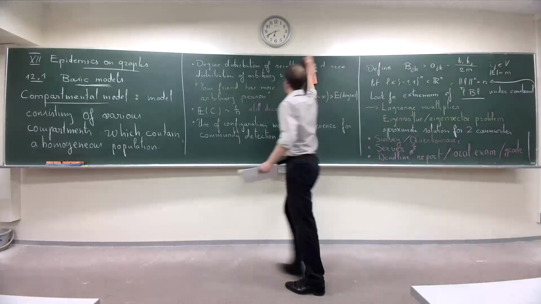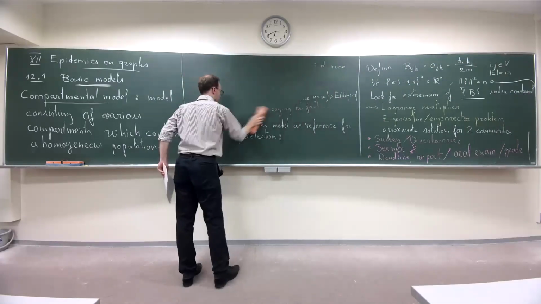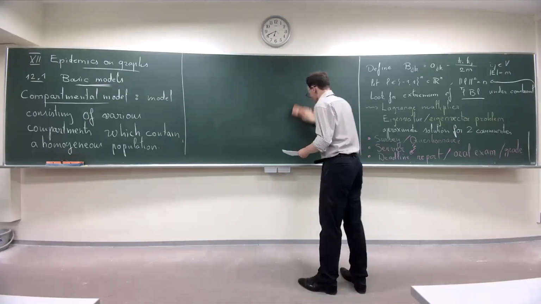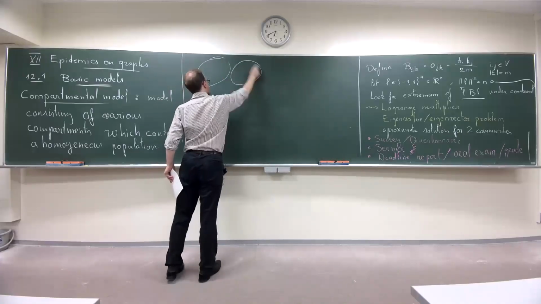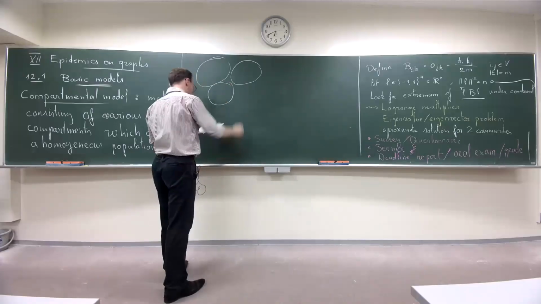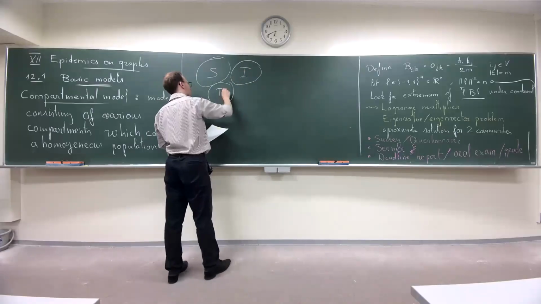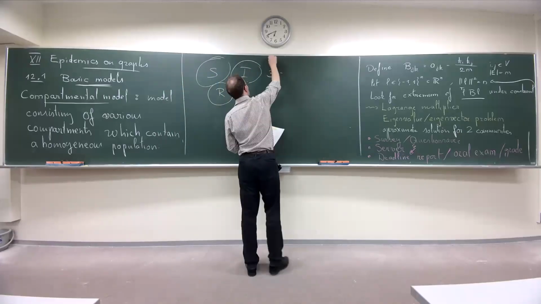So I will directly give you an example, the most basic example. You have three compartments, which are called S, I, and R.